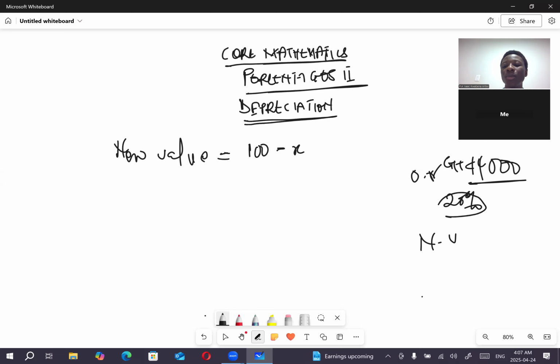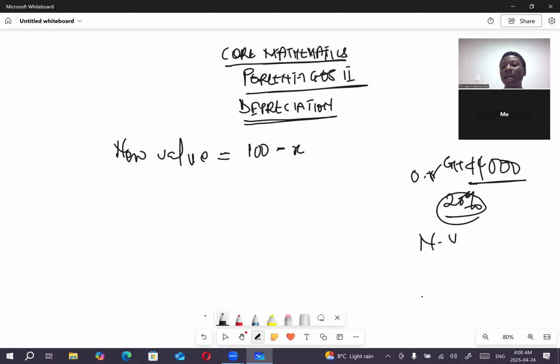Since you've been told it's depreciating by 20%, it's going to be 100% minus 20%, because 20% is not the actual percentage value of the machine. 20% is how much it's reduced. But we are interested in the depreciated value of the item.